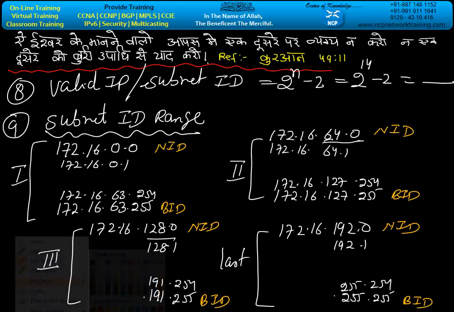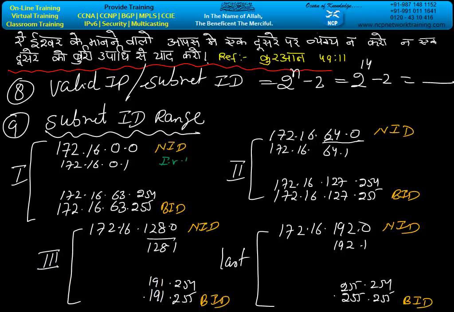First valid and last valid. First valid IP, last valid IP, that is valid IP range. Valid IP range. First valid, last valid, first valid, last valid, first valid, last valid.